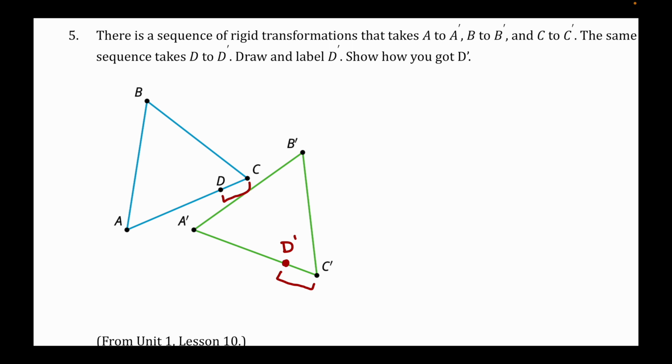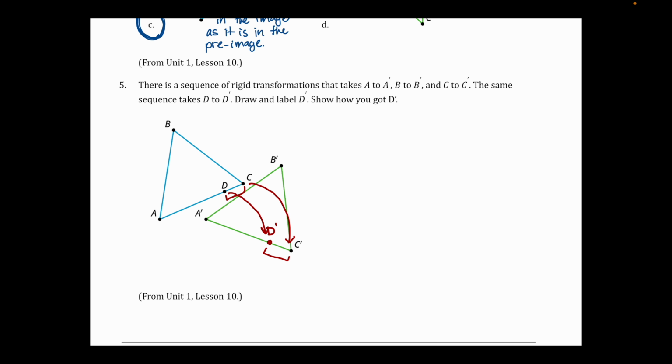And yeah, so we can show like C to C prime, D to D prime. They're going to follow that same path, but because there's probably some rotation involved, B and B prime and A prime are going to look a little bit different unless we know where the center of that rotation is. Plus, they just told us this was a sequence, so there's probably more than one.